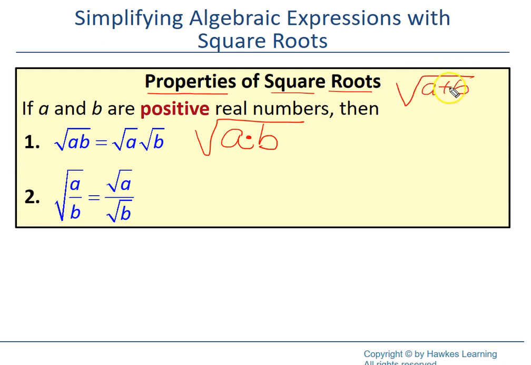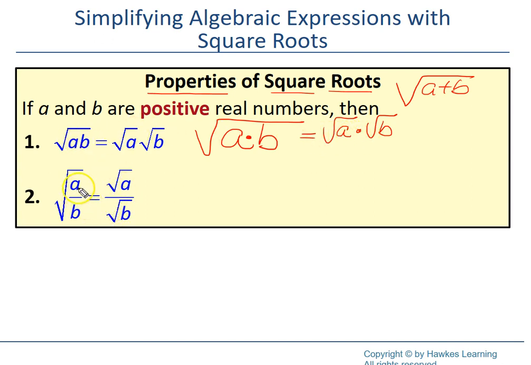We said you couldn't separate when it's plus, but if it's multiplication, then the rules change a little bit, and we say we can separate this product into its factors. So this would become the square root of a times the square root of b. So that's legal if it's multiplication.